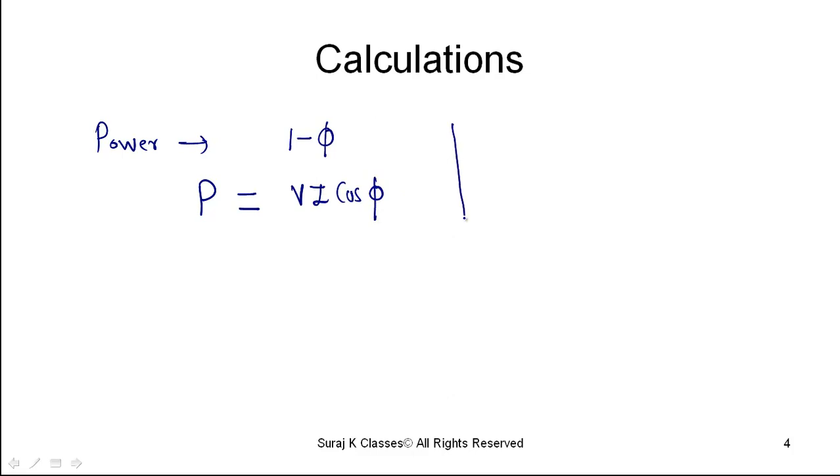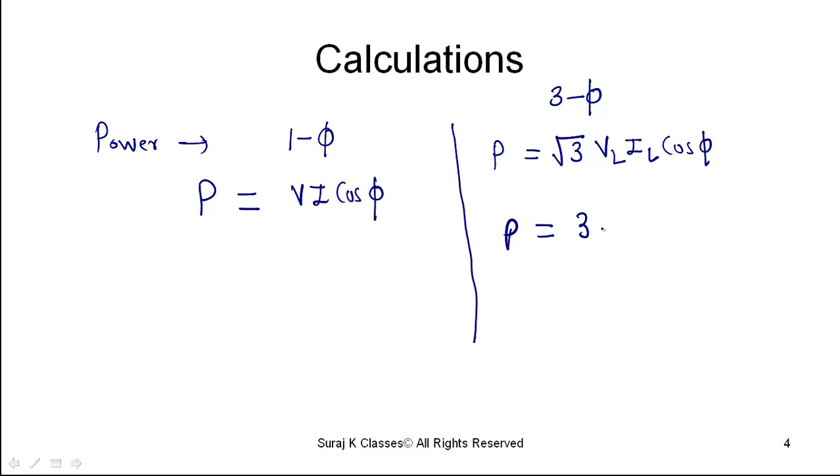Now if you are calculating this for a three phase circuit, then it is root 3 VL IL cos phi, or P is equal to 3 VPH IPH cos phi. So these are the two formulas for calculating power in single phase and three phase circuits.